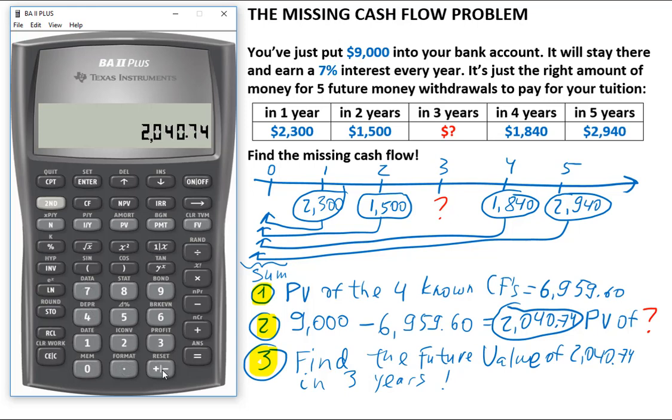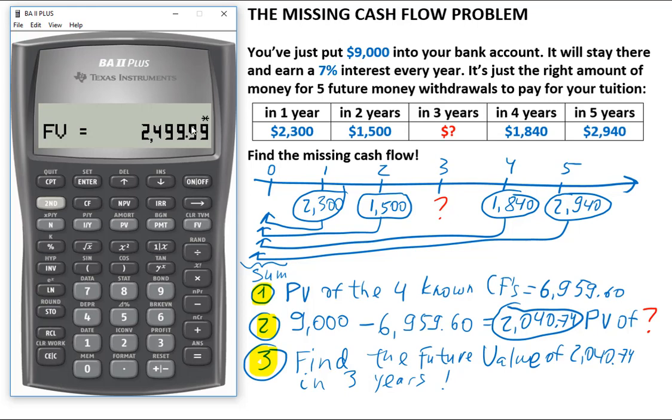Set it to a negative value. Press the PV button, the present value. We want to set our number of years to be equal to 3. So I press 3N. The interest rate that the money earns every year in the bank account is 7%, which was given. So I press 7IY and compute future value.